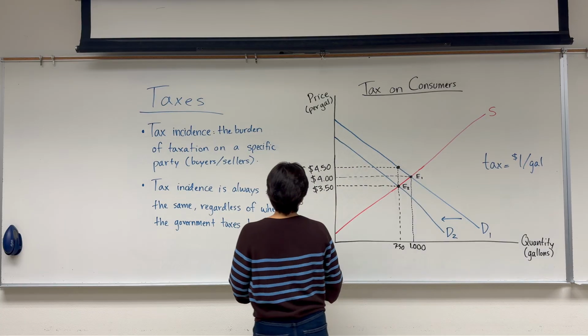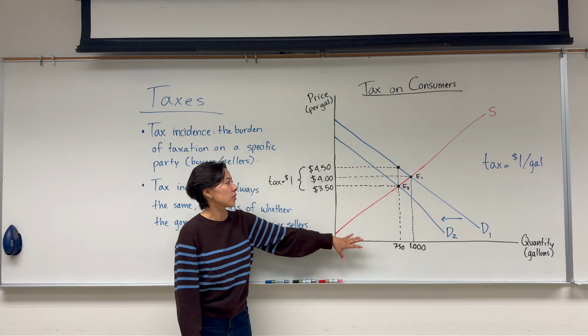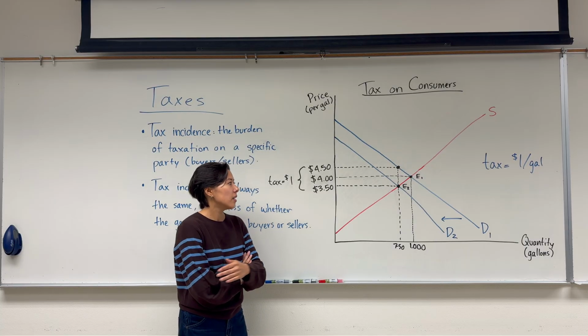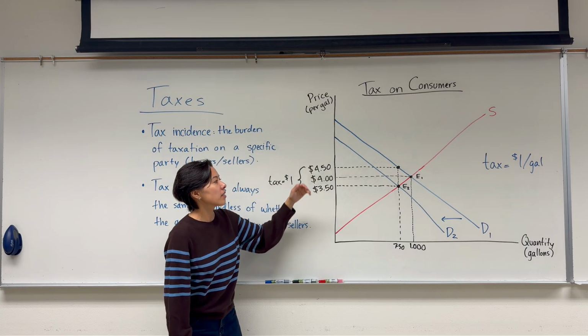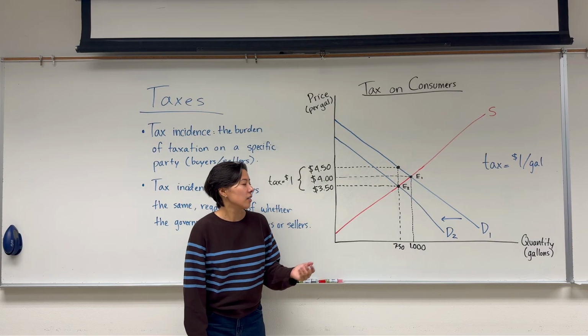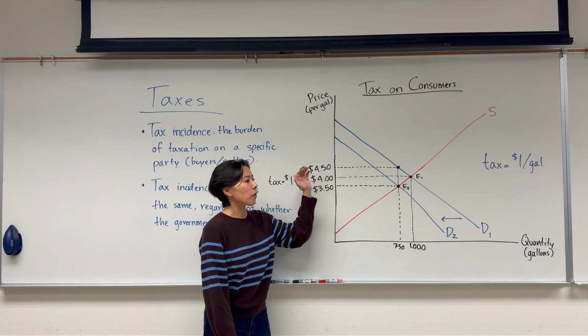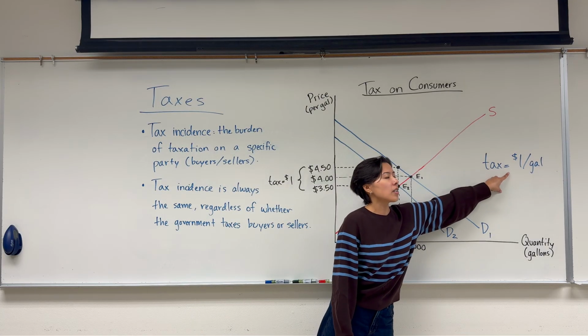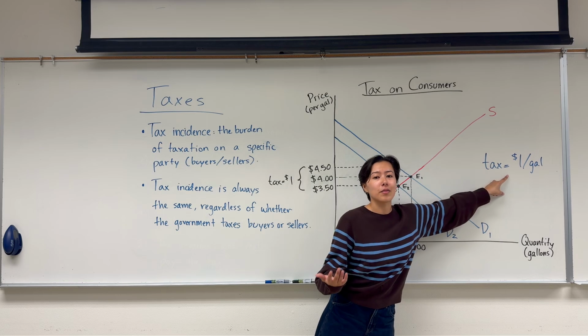And so if we look here at this graph with our tax on consumers, the original market price was $4 per gallon. After the tax is put into place, our consumers are paying $4.50 per gallon. So with this tax in effect, the price on consumers rose by 50 cents. So my consumers must be paying for exactly half of the tax.